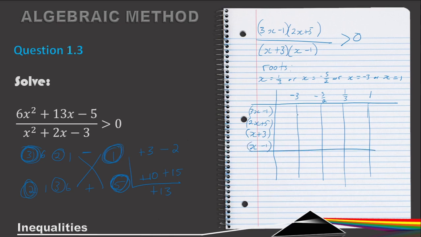Right. Now over here, 1 over 3, this is its root, so minus, minus, minus, plus, plus. Negative 5 over 2, that's the root, so minus, minus, plus, plus, plus. And this one lies here, minus, plus, plus, plus, plus. And that one lies all the way at the end, minus, minus, minus, minus, plus.